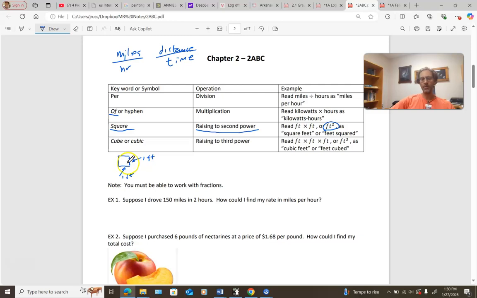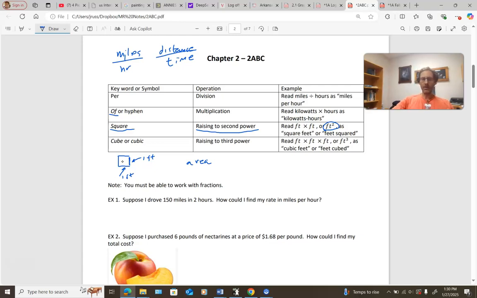A square foot is this whole area, this entire square. It just means it's a foot across on each of these 4 sides. It's a 2-dimensional unit, so it's used to measure what's called area, because if you're measuring area, you're measuring the length and the width of something. So, square feet.